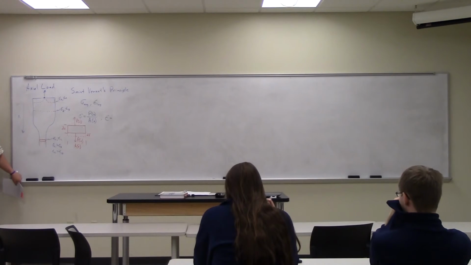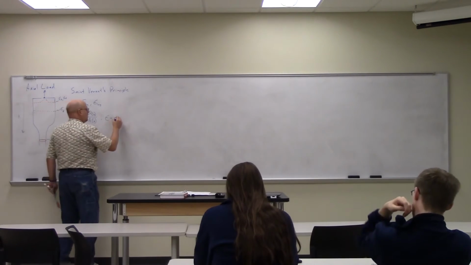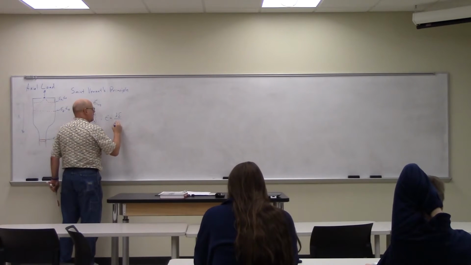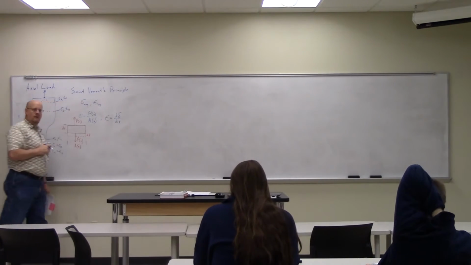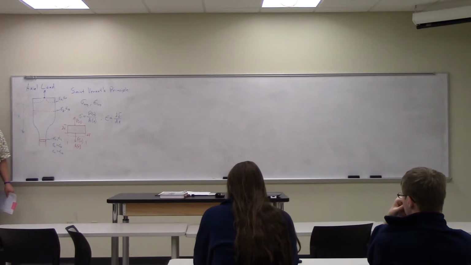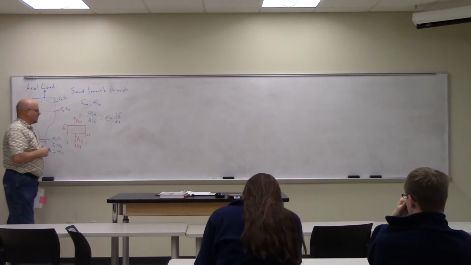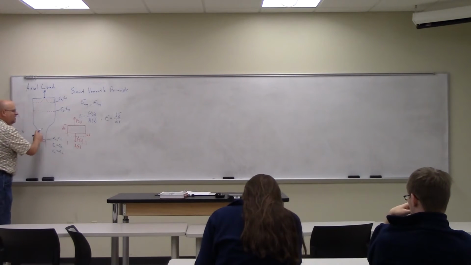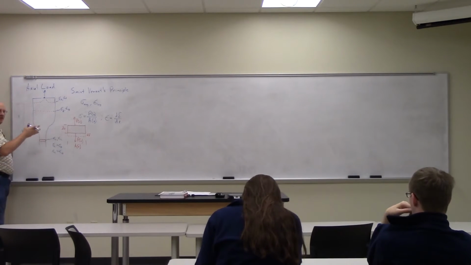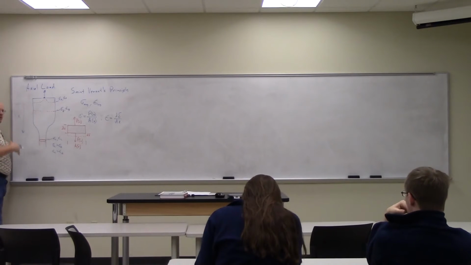Changing, or d delta over dx. Right. d delta over dx. And the change in length divided by the initial length. Good with that, right? Okay. So each little piece is going to experience a different d delta in response to the applied load.